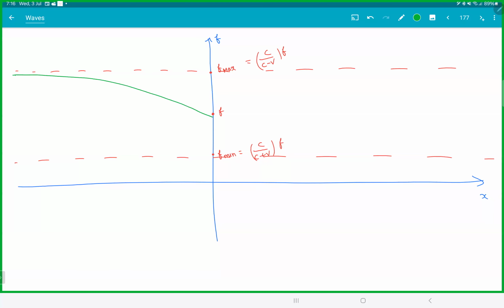It decreased to F apparent is equal to F, and then it continued decreasing. The graph always decreased. You started at maximum at minus infinity, then you reached minimum at the right infinity. So if you see, frequency always decreases.